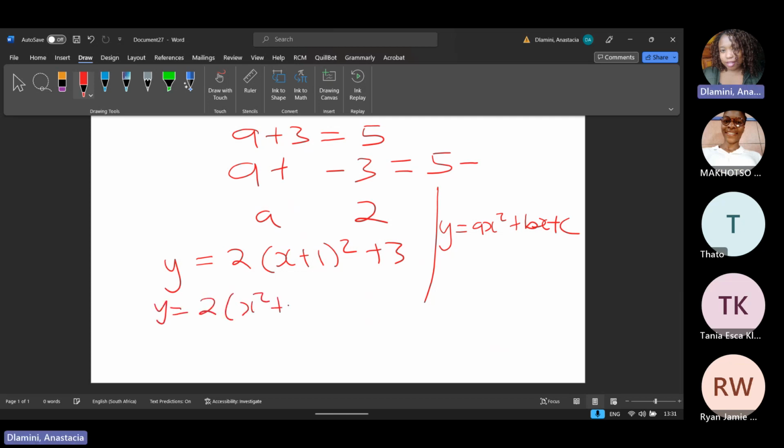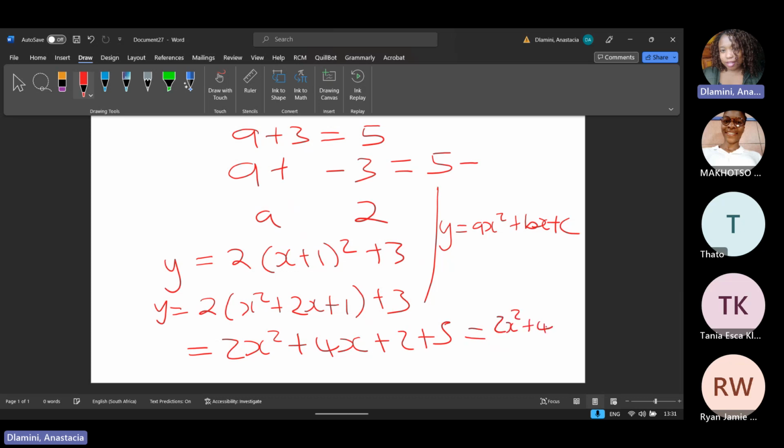So x squared plus 2x plus 1, plus 3. So then this is 2x squared plus 4x plus 2 plus 3, equals 2x squared plus 4x plus 5. That's the standard form. And that's it for today.